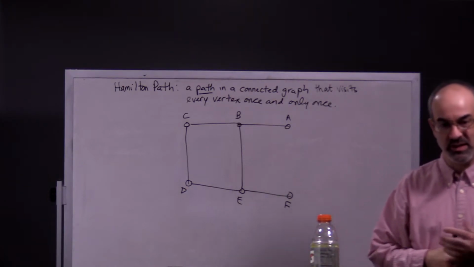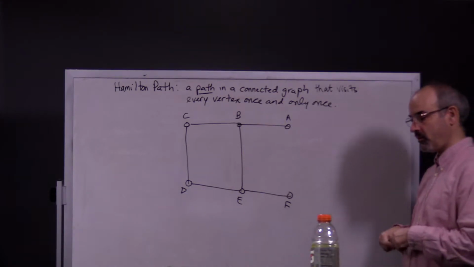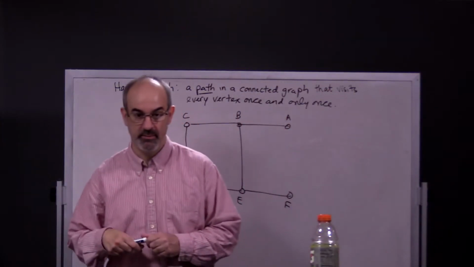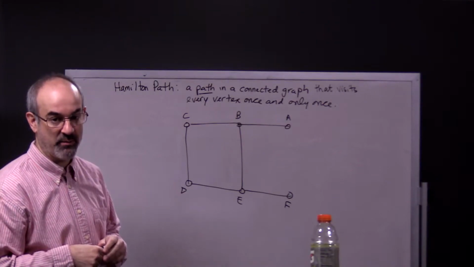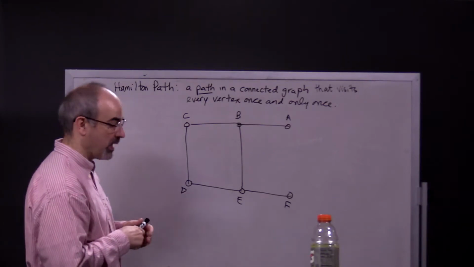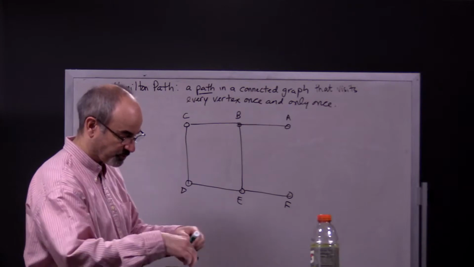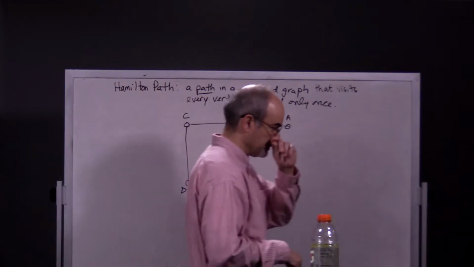So let's see if there's actually a Hamilton path in this graph. Not every graph will have a Hamilton path, but I believe that there is one in this graph.